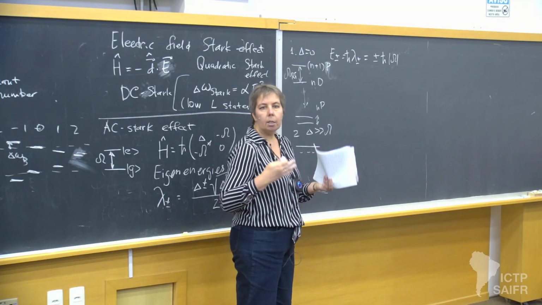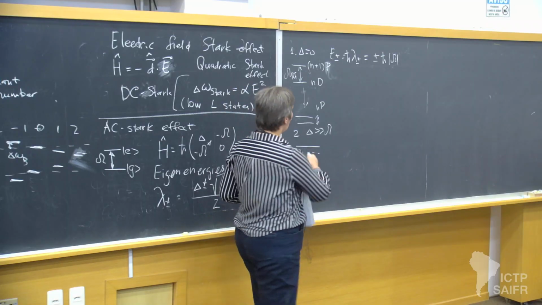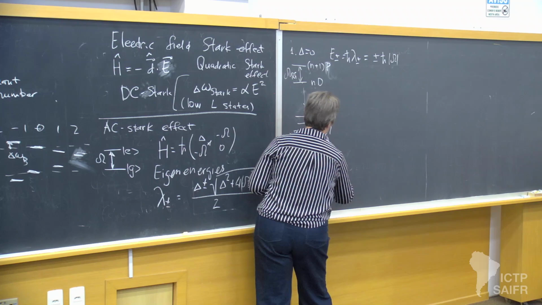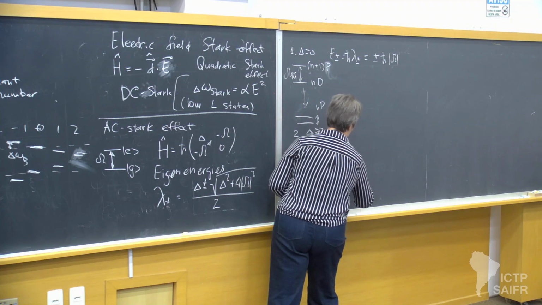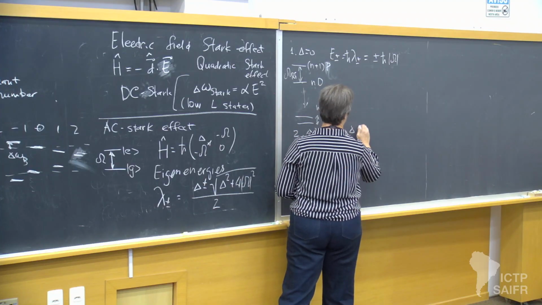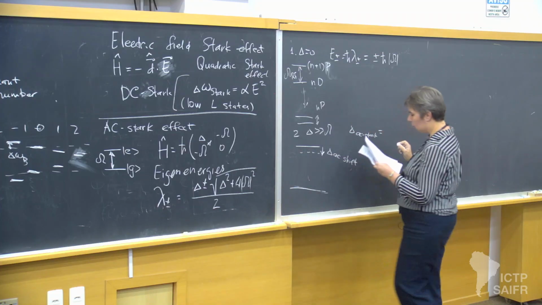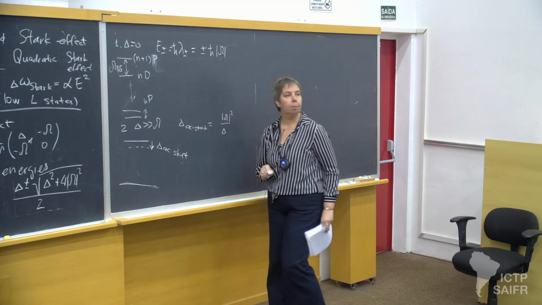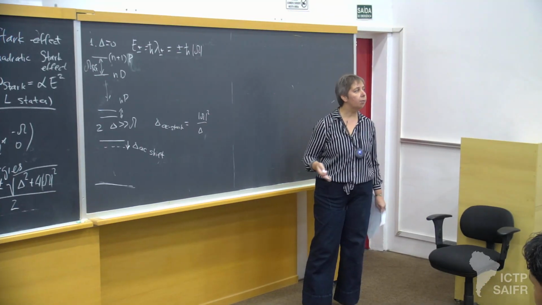Because the states are still mixed with each other, but they're mostly in their original state, your state is going to basically shift, what we usually call the light shift or AC Stark shift. And this AC Stark shift is equal to the Rabi frequency of the field divided by delta. So if delta is large, then this effect is small.